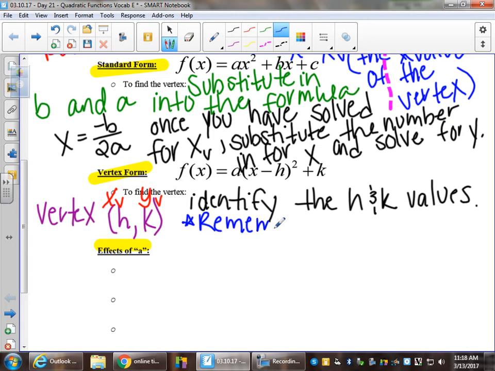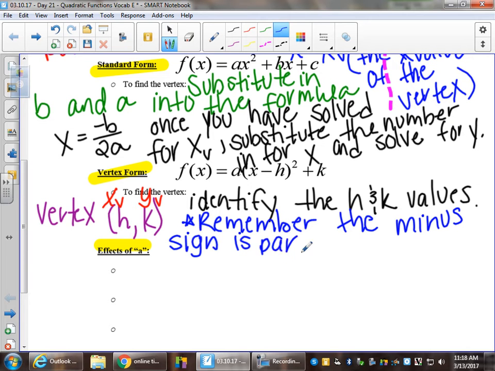Remember, the minus sign is part of the formula. It's not h.